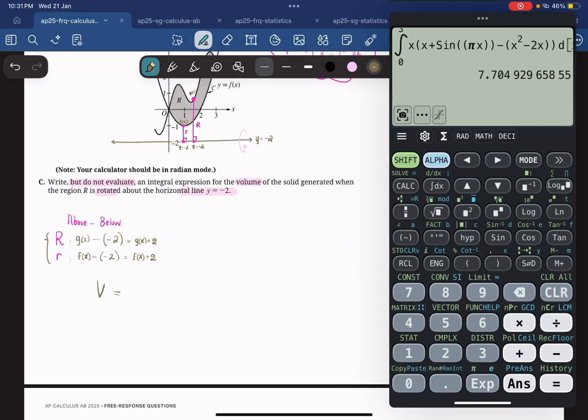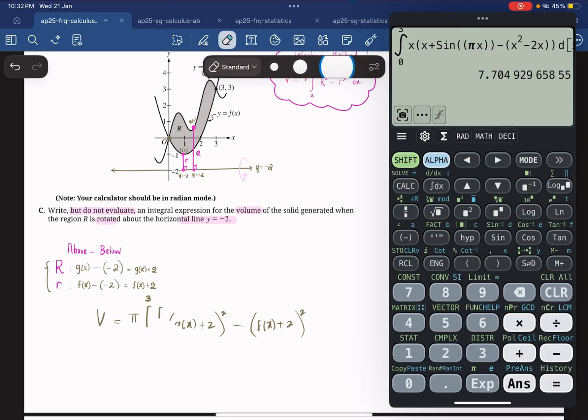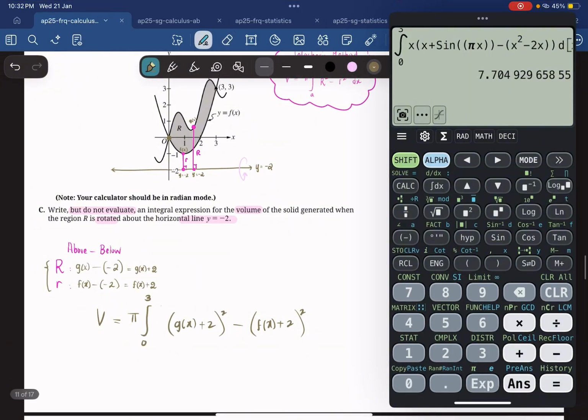So the volume equals pi integral from 0 to 3 of capital R squared, so g of x plus 2 squared minus small r squared, which is f of x plus 2 squared, okay, just like that, dx.